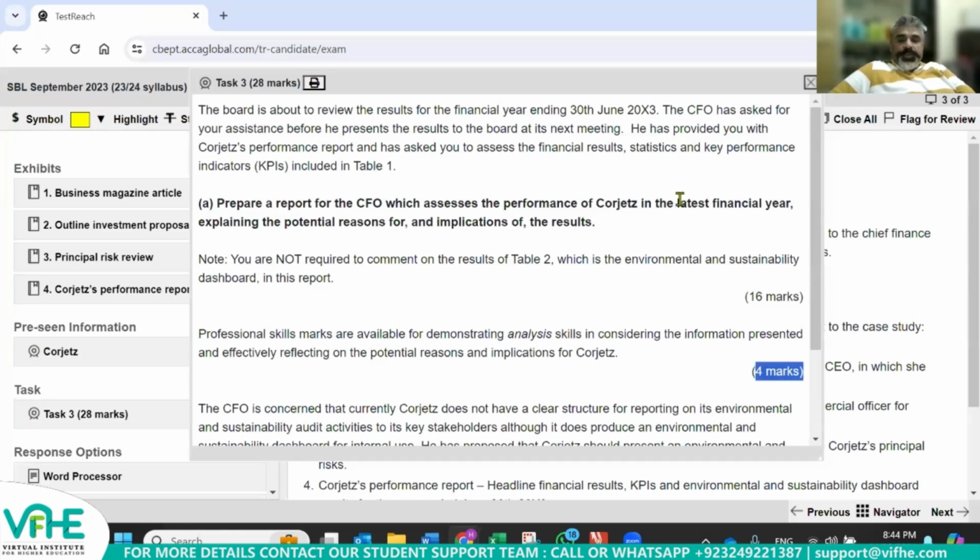So how many points should you write for part 3A? 16 plus 4, 20. 20 divided by 2, 10 points. You agree? 10 points. 16 plus 4, 20. 20 divided by 2 is 10 points.